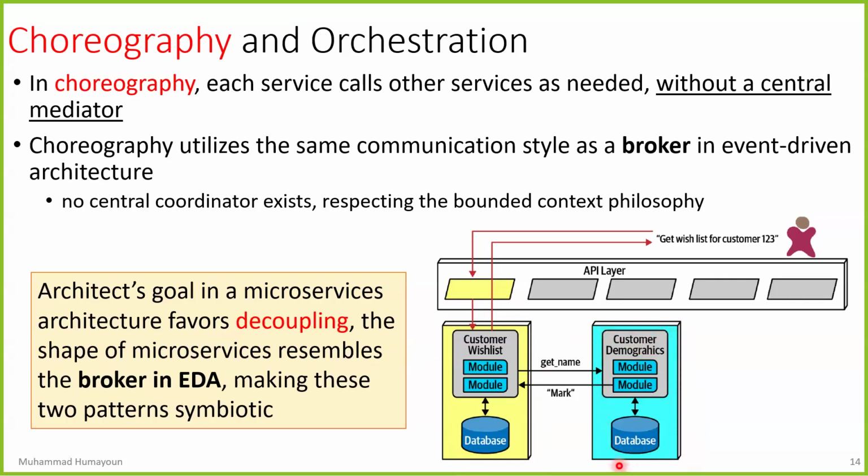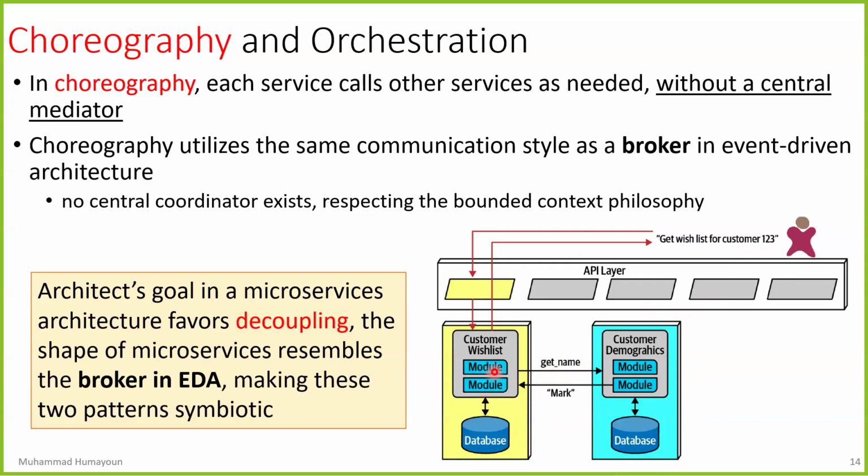So in that scenario, the customer wish list service should fetch this information, calling through some API to get the name of customer 123 from the customer demographics microservice.